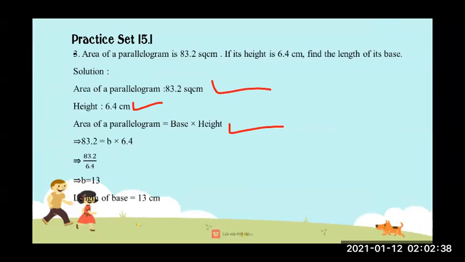When it goes to that side, it becomes division. So here 83.2 divided by 6.4. Now in the 64 table, just to remove the point, 64 ones is 64. See here the cuttings.